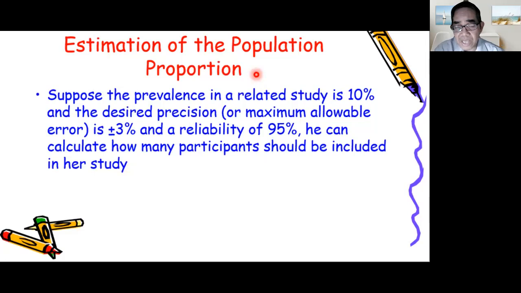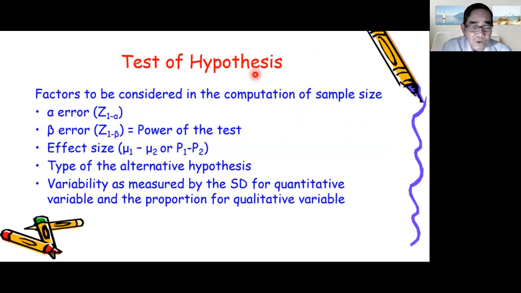So if, for example, you have two objectives, one objective is calculating for the population proportion for a qualitative variable, and another one estimating a quantitative variable, the one which will yield the larger sample size will be the estimation of the population proportion. Now, let's go to the next type, test of hypothesis.